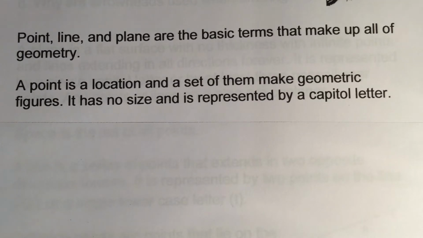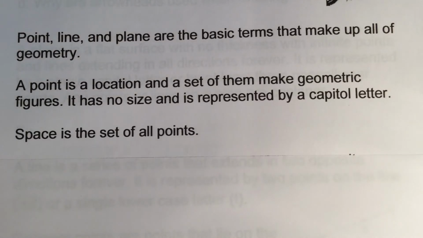Now, when we write this, we're going to represent it with a capital letter, and it technically has no size. It's so infinitely small, there's absolutely no size to it. Now, space is going to be the set of all points. So even in the room you're in right now, there is an infinite amount of points that could take up and fill that room.